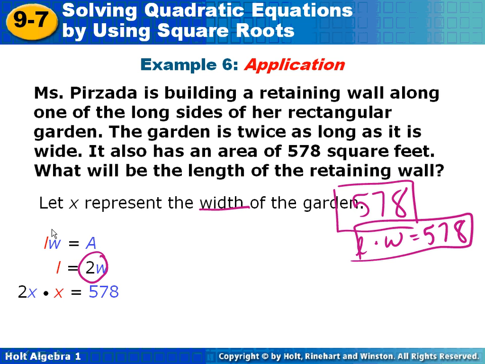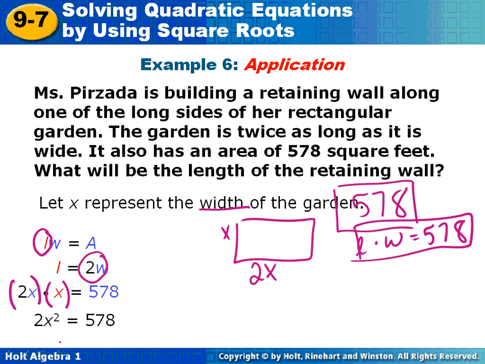So I know I can take the L, which is 2w or 2x, and fill in 2x times x, which is the width, is equal to 578. So looking at the picture, this is x, this is 2x, and this is x. You just have to multiply the two together. That's going to give me 2x squared equals 578.